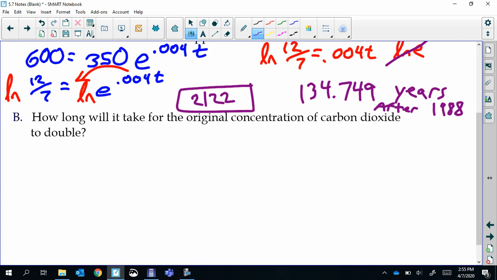How long will it take to double? So if we started at 350, that means double would be 700. So we divide.